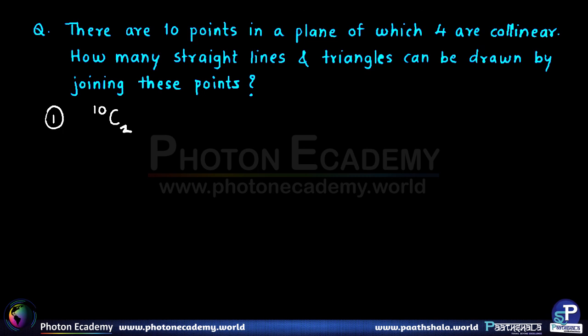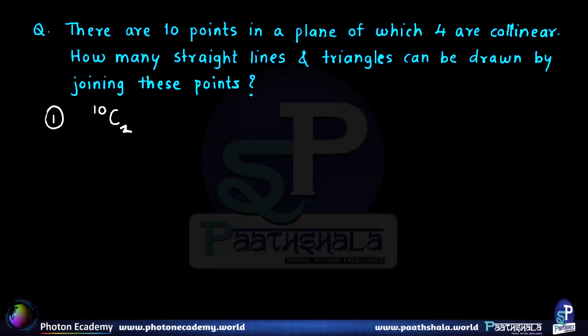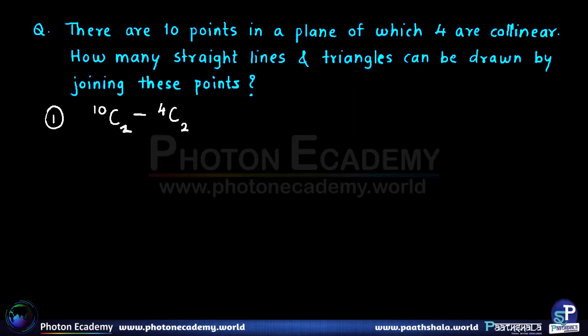So if those 4 points were not collinear, then they would have contributed 4C2 lines, which are not present because they are collinear. So we have to subtract 4C2 from 10C2. But as you can see, the 4 points, since they are collinear, effectively still form one line. So we must add 1 to this answer.